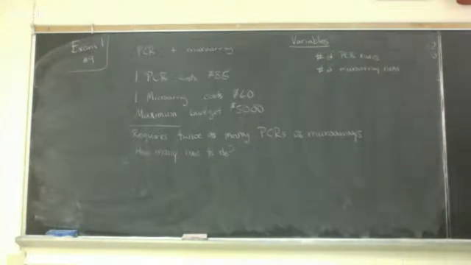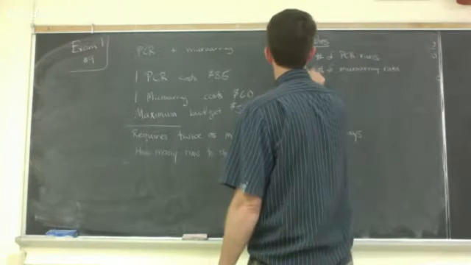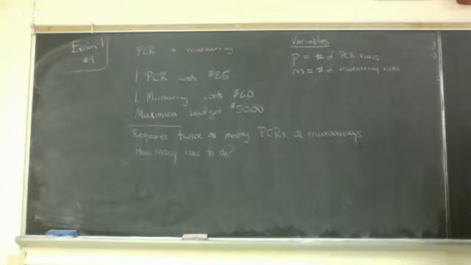Those are the variables. And we need to give them some symbols. Okay? So, you know, one simple one might be to just call it P and M. P for PCR and M for microarray.